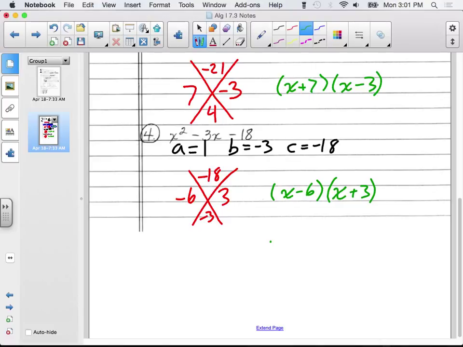The factors of quadratic trinomials. What do those two numbers multiply to? Negative 18. So we're looking for two numbers that multiply to the top number and add to the bottom. Ceiling, basement.